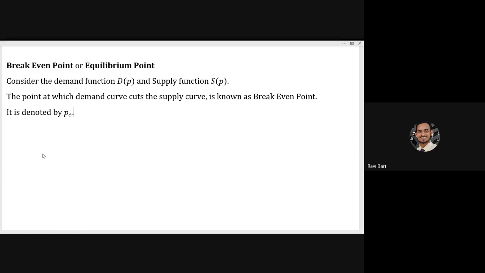That means price. This is the price corresponding to the equilibrium point.